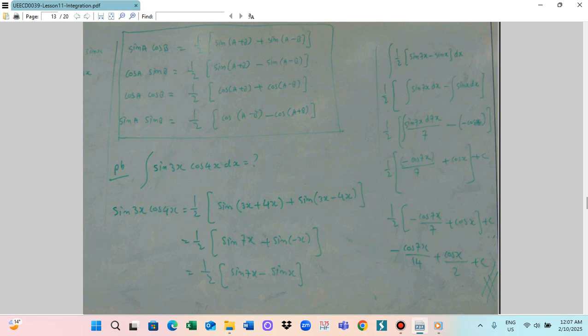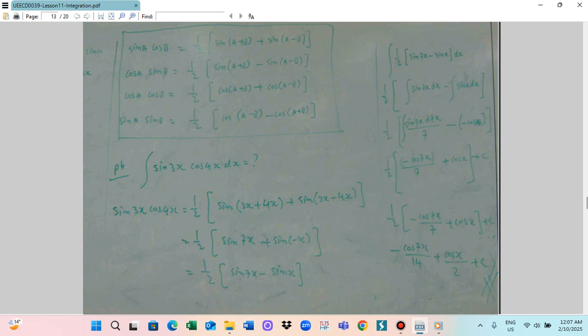Similarly, cos A sin B is half into sin(A plus B) minus sin(A minus B). And cos A cos B is half into cos(A plus B) plus cos(A minus B).